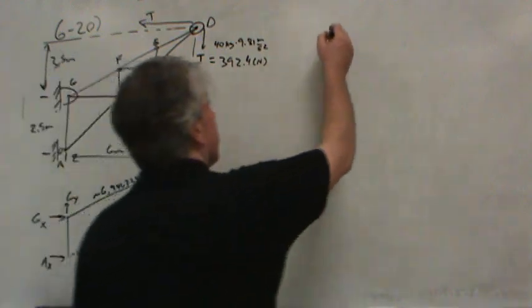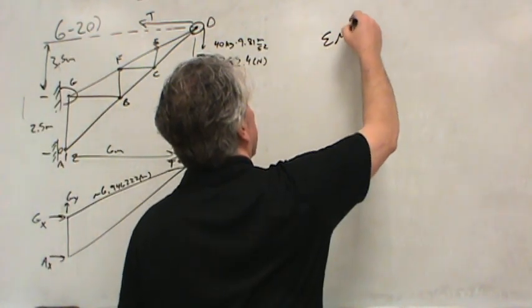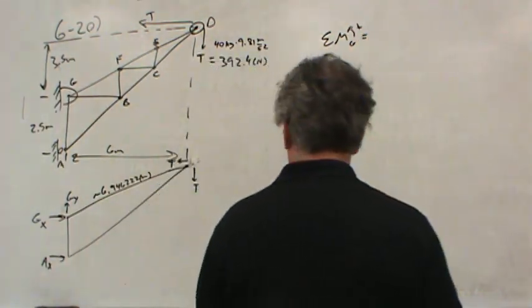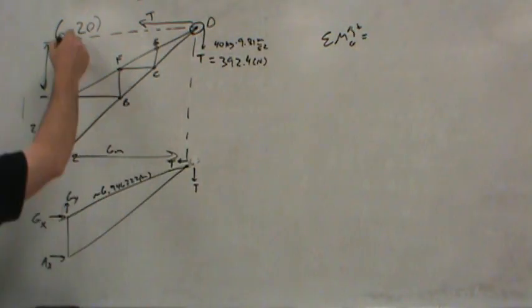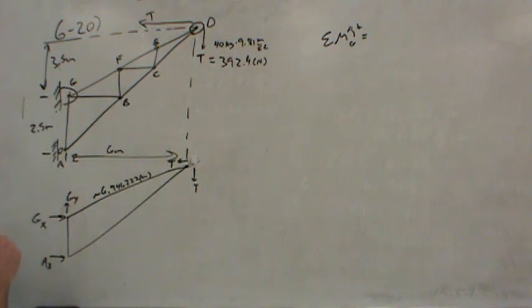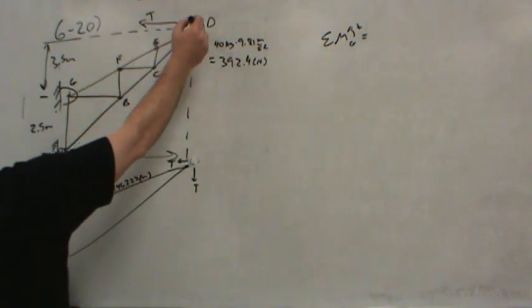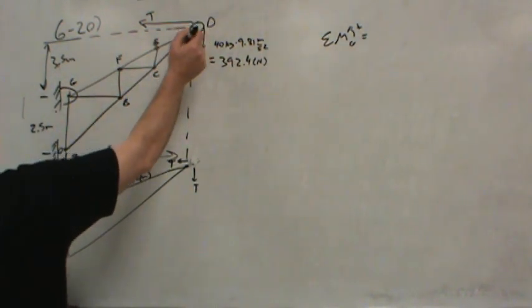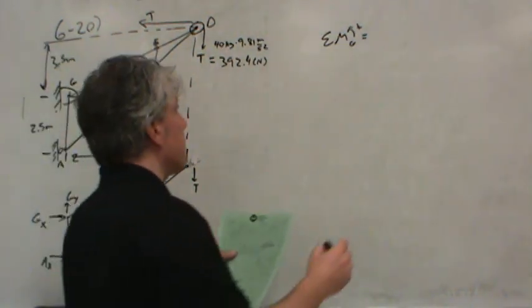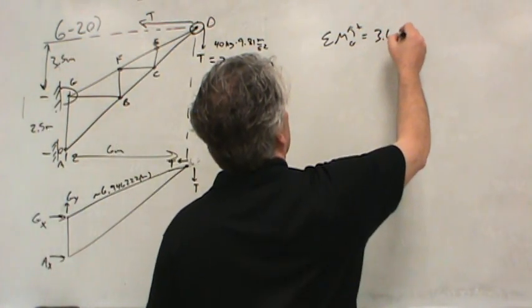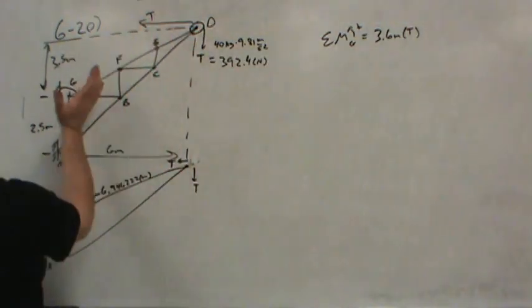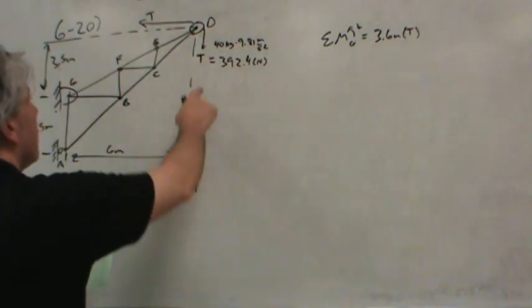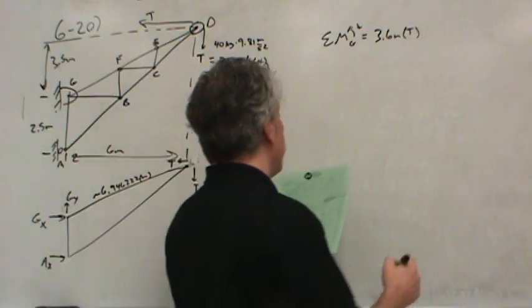Anyway, so now summing moments about point G, taking counterclockwise as positive, we've got to be careful here. Point G, you'd think it would be a moment arm of 3.5 meters for the tension, but remember there's a pulley radius here, 0.1 meters, so it's actually 3.6 meters multiplied by T. So this tension causes a positive moment about G, but then this tension causes a negative moment.